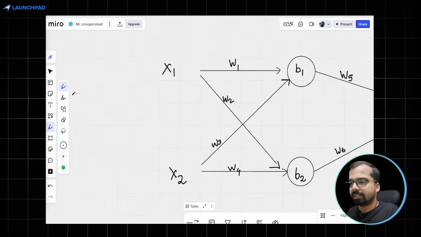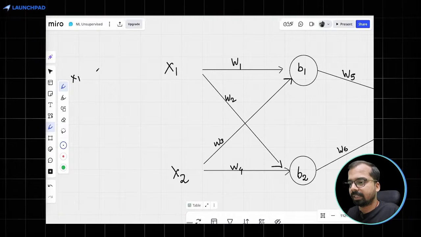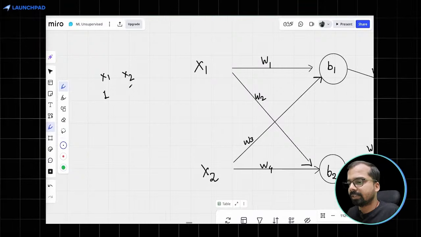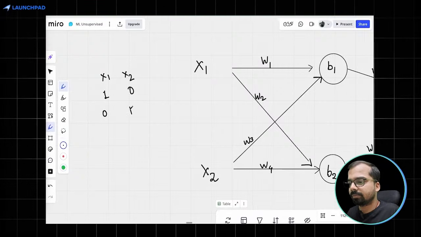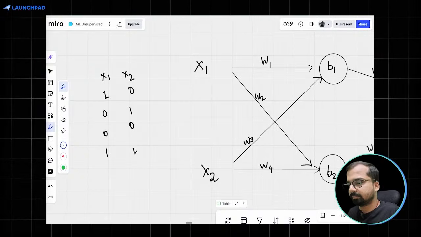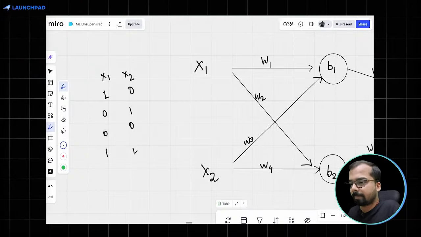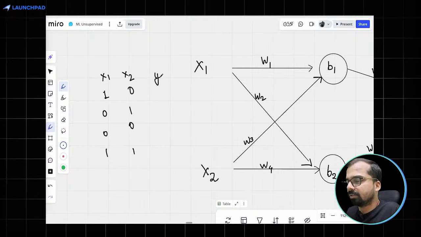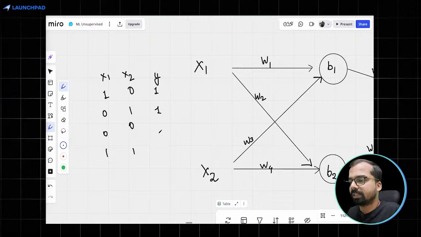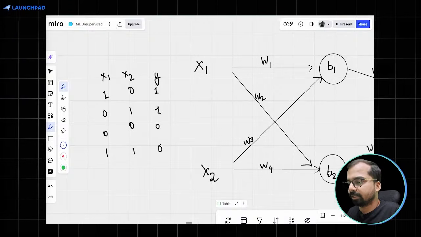Let's say I had certain values of x1 and x2, certain rows: 1 0, 0 1, 0 0 and 1 1. The target was: when it is 1 0, the output is 1, here also the output is 1, here the output is 0, here also the output is 0.